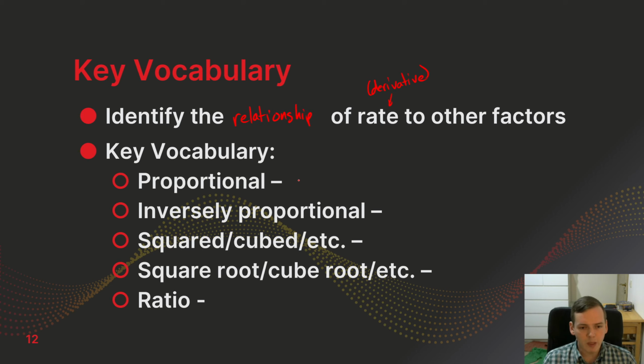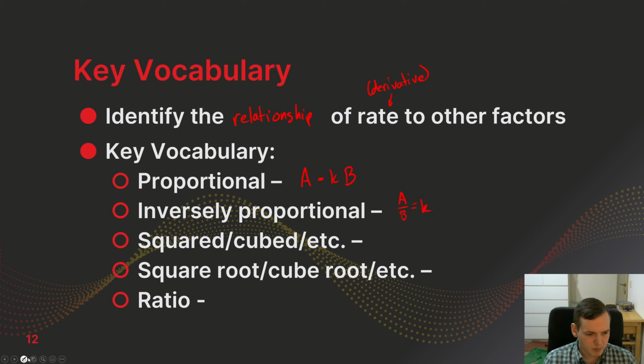So key vocabulary, if something is proportional, that means you should have A is equal to some constant times B. So if A goes up by twice, then B also has to go up by times 2, right? Because they're directly proportional. Inversely proportional, you'd have something like A divided by B equals a constant. Sorry, no, that's not right.